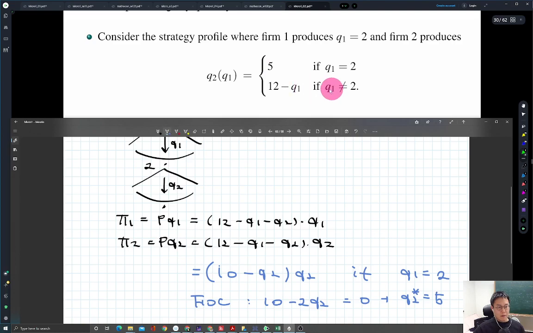But what about the other quantities? What if firm 2 observes other quantities chosen by firm 1? In this strategy profile, we require firm 2 to produce this amount of units.